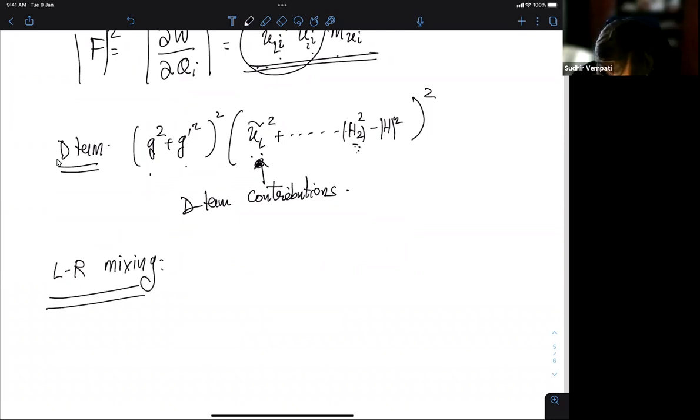The left-right mixing comes from two terms. One is the A term, which has the same form as a Yukawa coupling. The A terms, which you don't know, are all scalars.